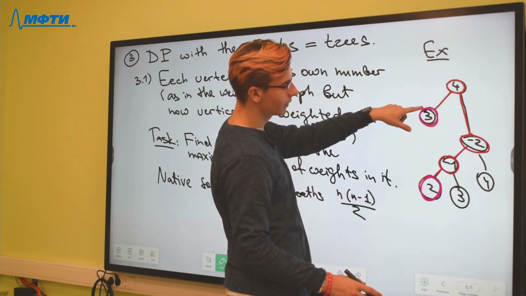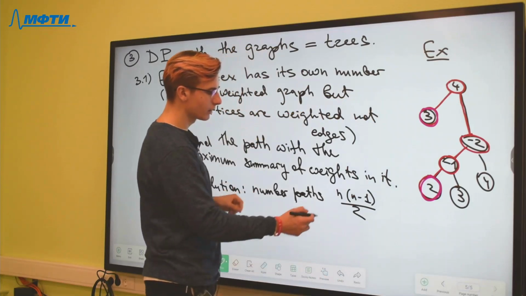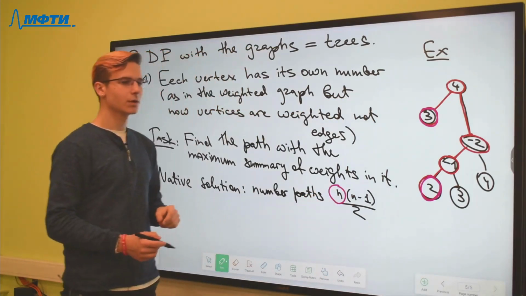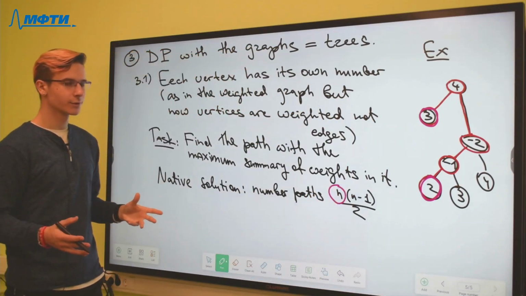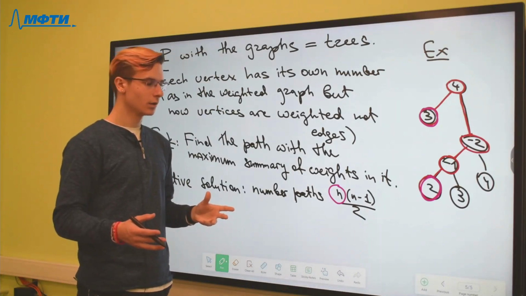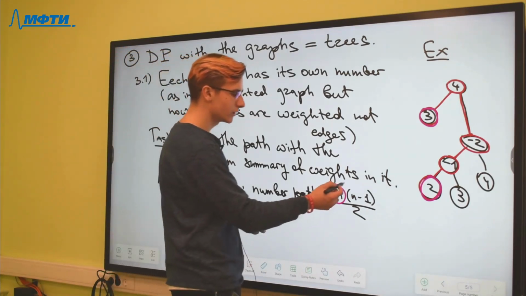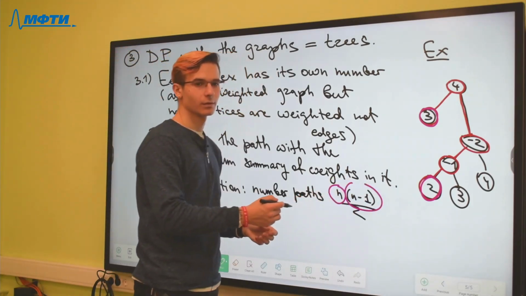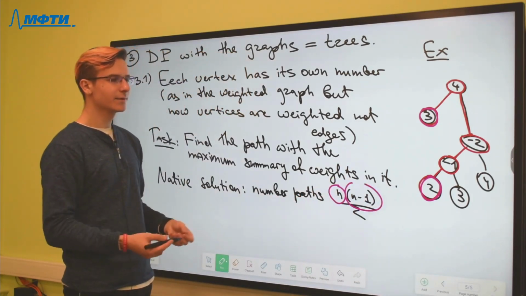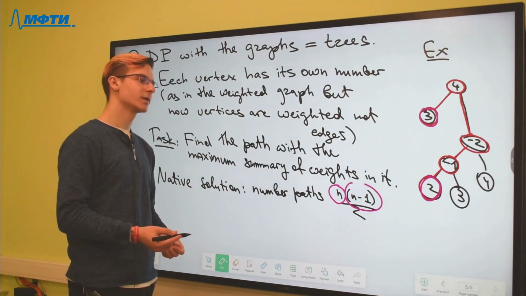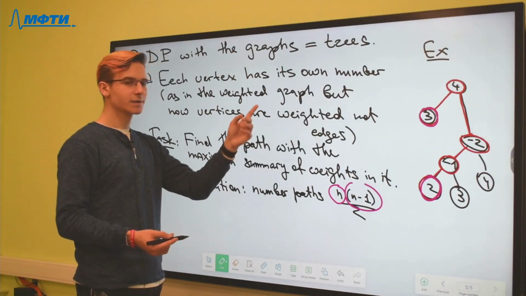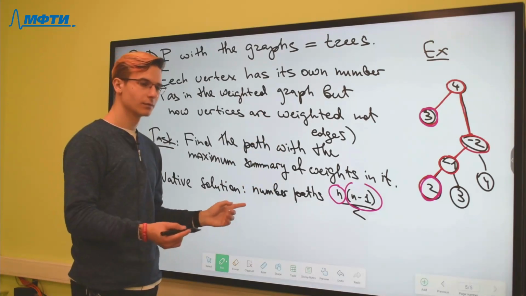The first end we can find by choosing any vertex. Then we can choose any vertex, but not the first one. And then we divide by 2 because there is no direction of the path.